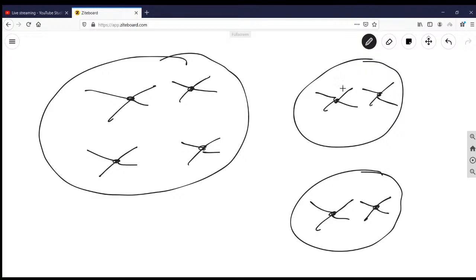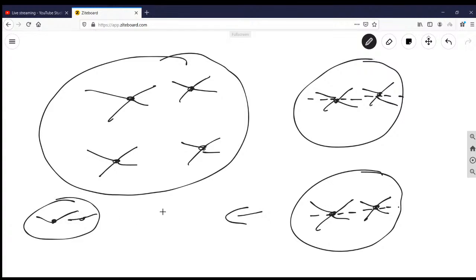After meiosis 1, then meiosis 2 will begin, and then you will divide this. Okay, sister chromatids also. Then what you will get is 4 cells with 23 chromosomes, 23 DNA. This you are getting, right?